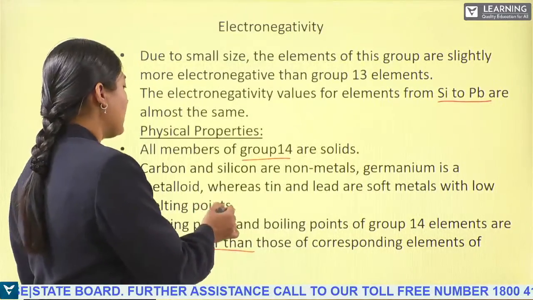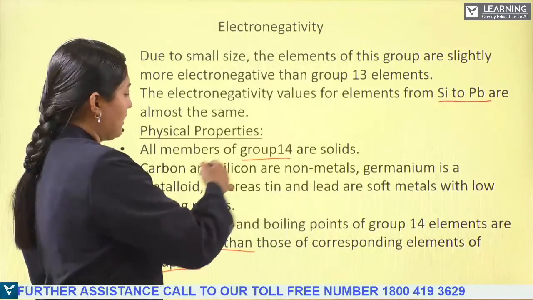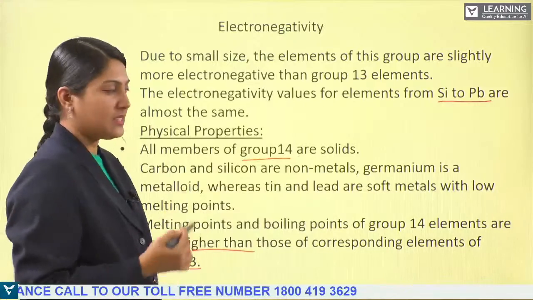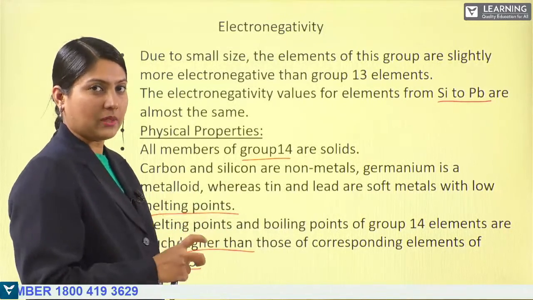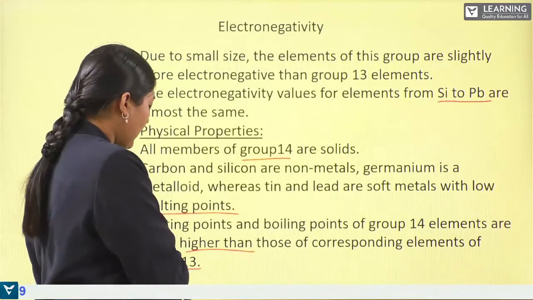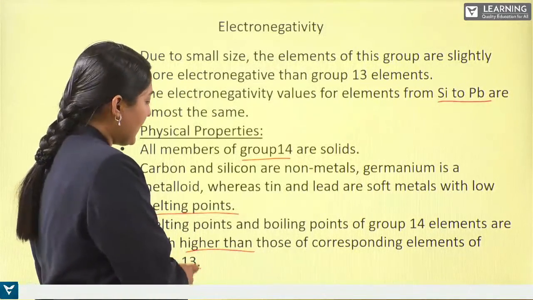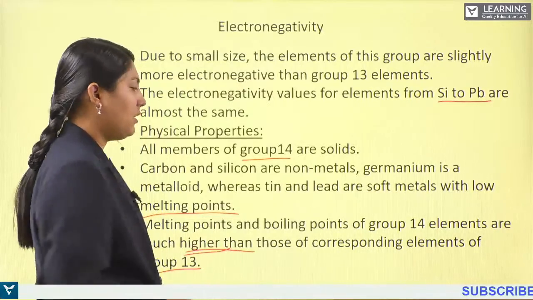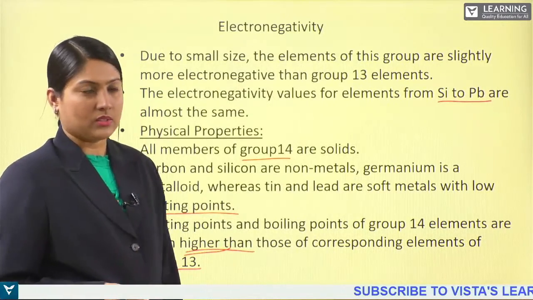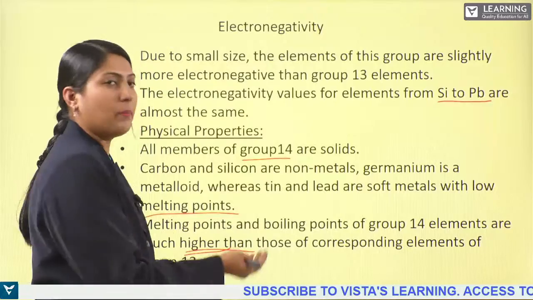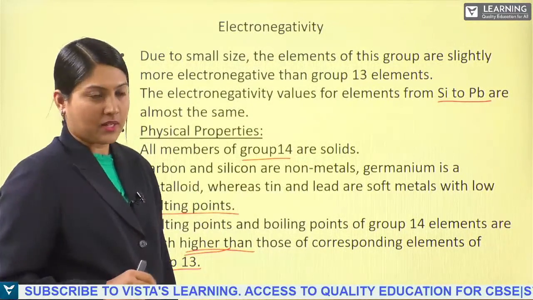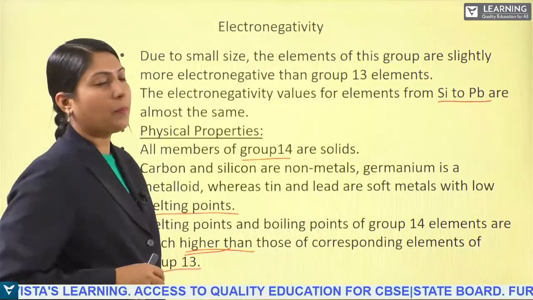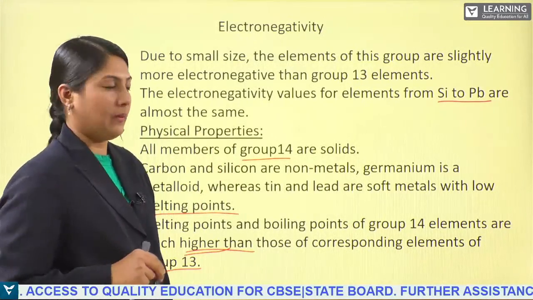Tin and lead are soft metals and they have low melting points in general. But if you compare with the group 13 elements, they have higher boiling and melting points. Here we are comparing with the previous 13 group elements, whereas in general we are saying that the 14 group elements have low melting points.